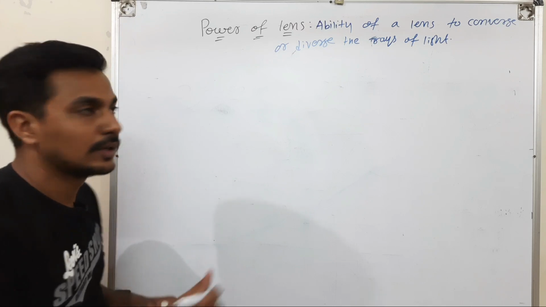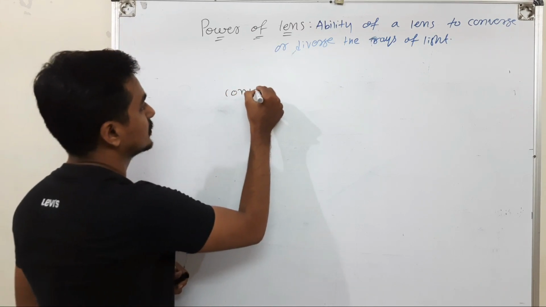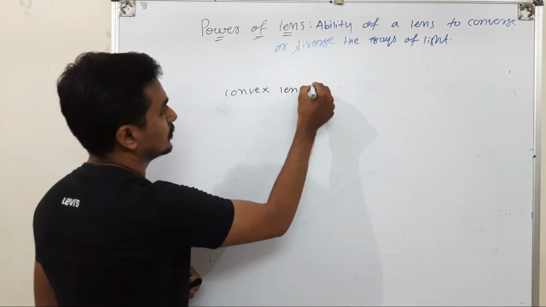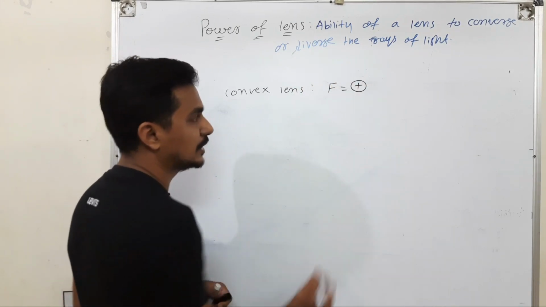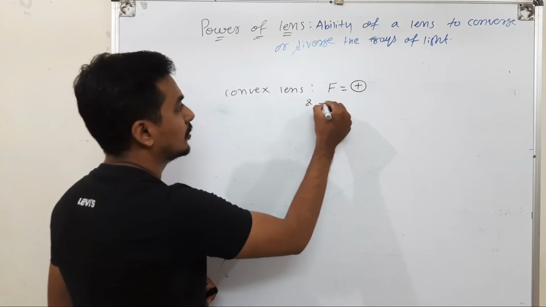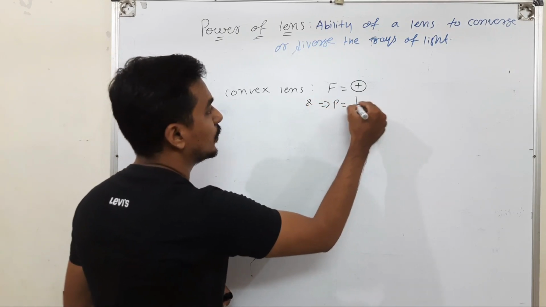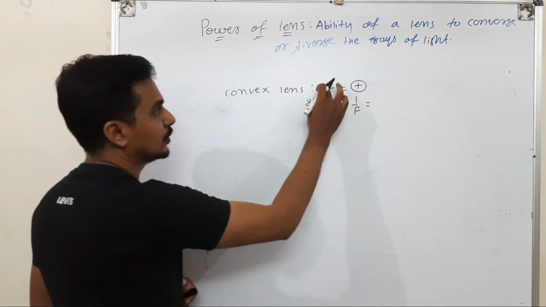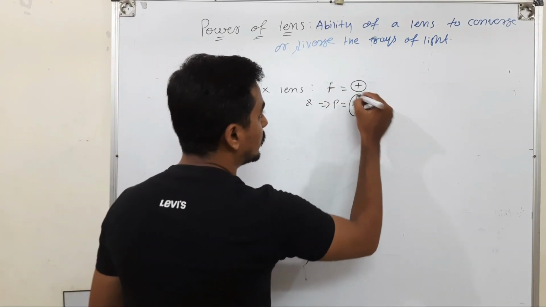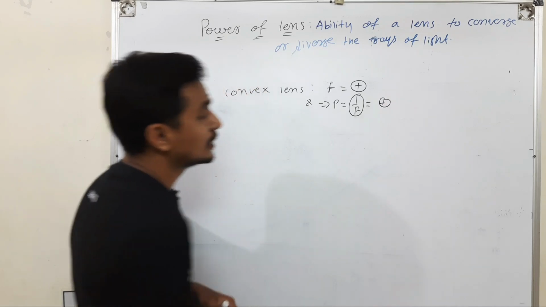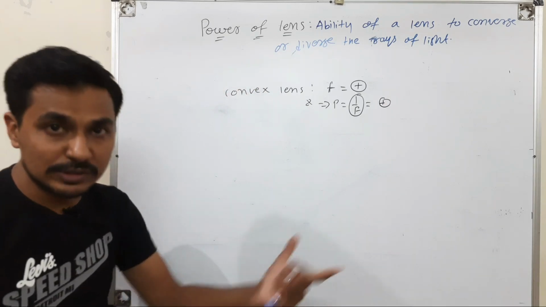Now if you have a convex lens, then its focal length is positive and P is equal to 1 by f. Its focal length, small f, is positive, so 1 by f will also be positive.